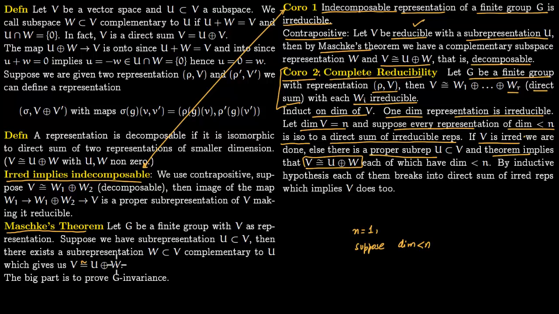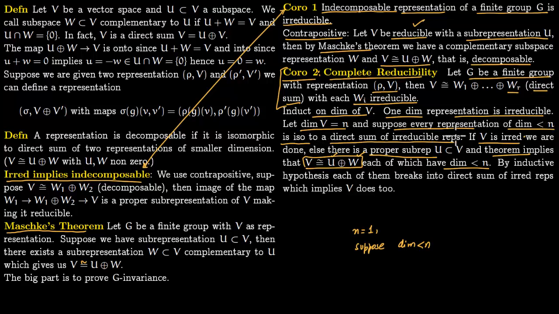So by the theorem we have V as this direct sum. But now both U and W will have dimension less than n. By our inductive hypothesis, both of them have to be a direct sum of irreducible representations, because that's what we supposed, the dimension less than n.